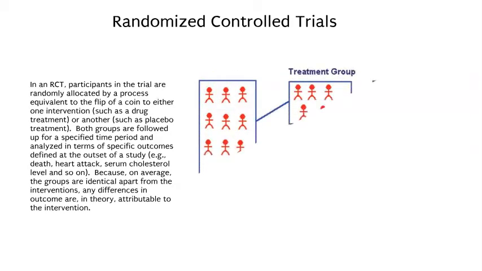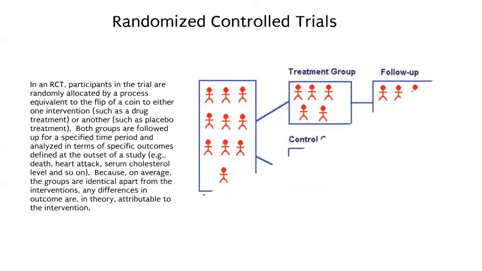The next type of study is often considered the gold standard. In a randomized controlled trial, participants in the trial are randomly allocated by a process equivalent to the flip of a coin to either one intervention, such as a drug treatment, or another, such as placebo treatment.